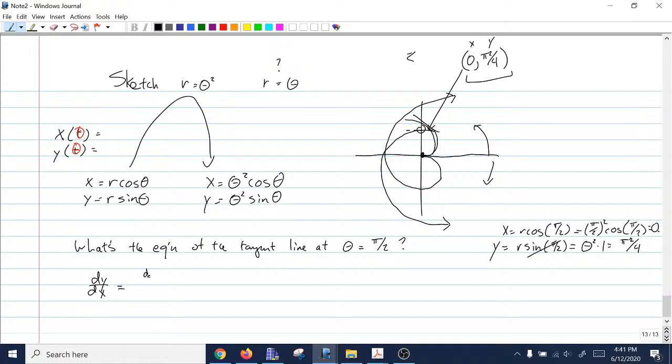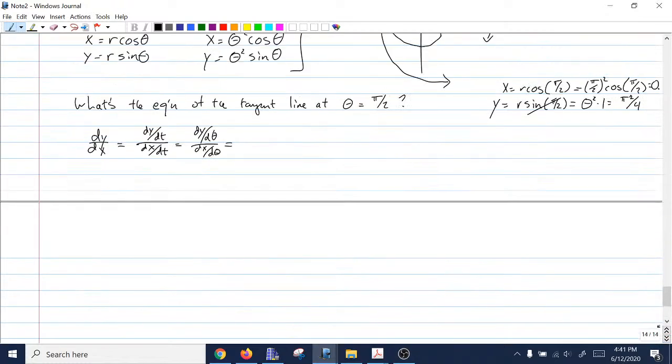The way you did it in parametric was you found dy/dt divided by dx/dt. Here, that's the derivative of y with respect to theta over dx/d theta. I can do that for these things. Before I do it for this particular one, I'll write out the general formula.